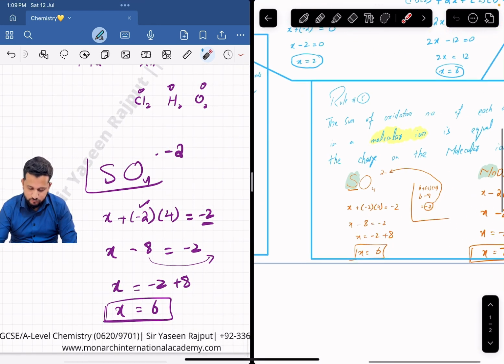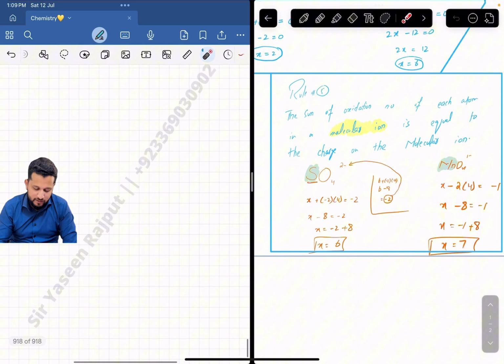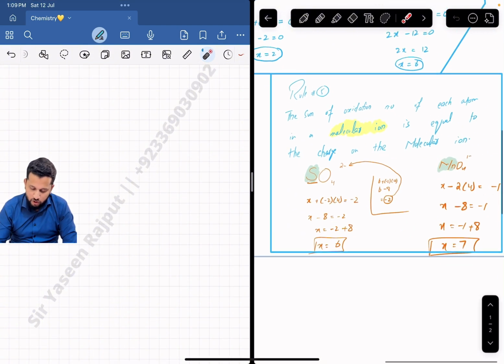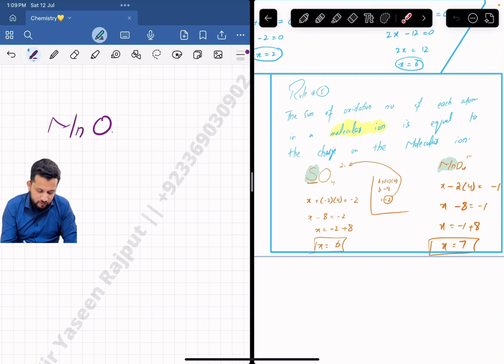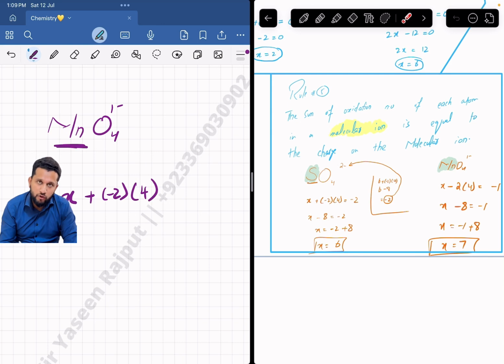Clear? Now let's talk about the manganate ion. Let's say we have manganate and we need to find out the oxidation number of manganese. So I'm going to write down x and then -2, because the oxidation number of oxygen is -2. -2 times 4 equals the charge on the molecular ion.